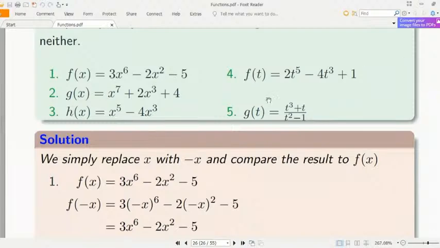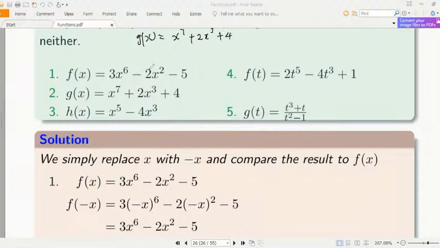I want to try one more example, then you look at the other examples. Just look at my work and try, viewers. f of x is given to us as x raised to 7 plus 2x raised to 3 plus 4.